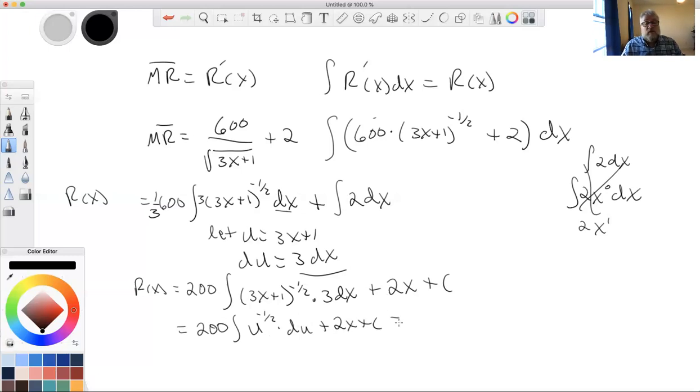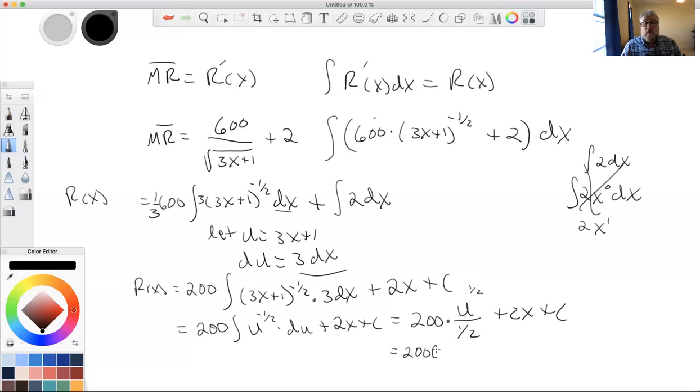So this will be 200 times u to the negative 1/2 plus 1, which is positive 1/2. Positive 1/2 down here will flip and become a 2.